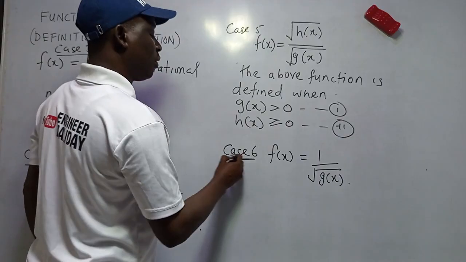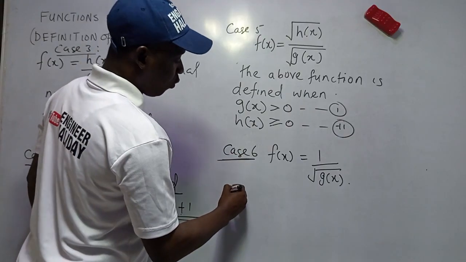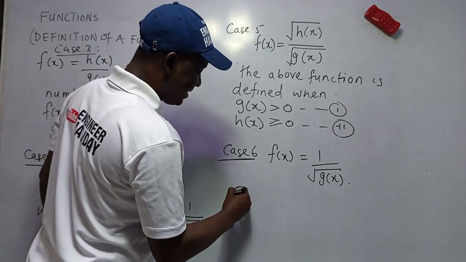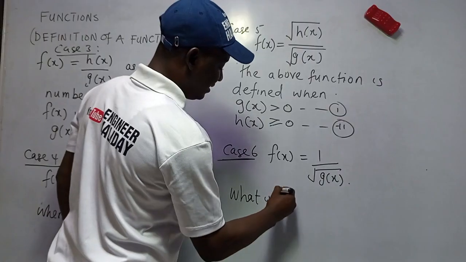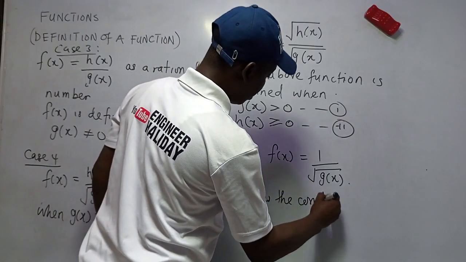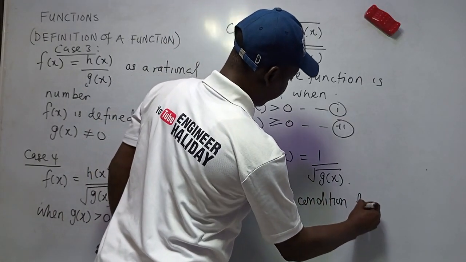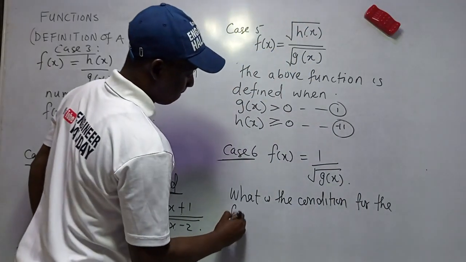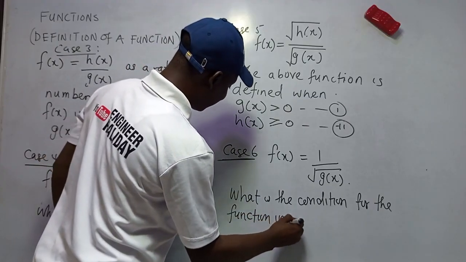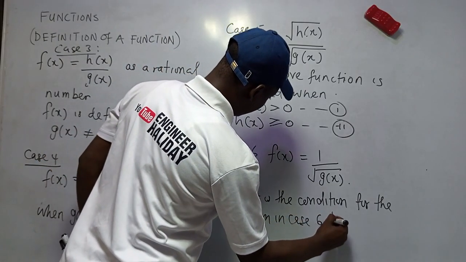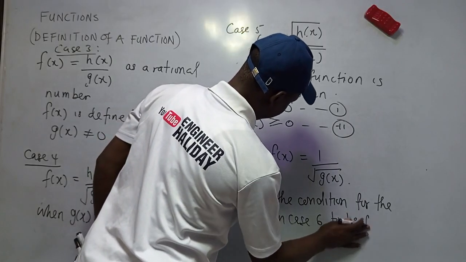Now the question you are going to ask, what is the condition? It's an assignment. You type in what is the condition for the function in case 6 to be defined.